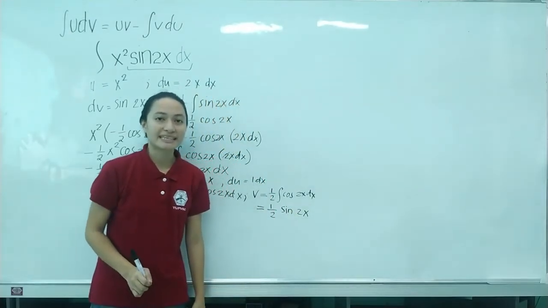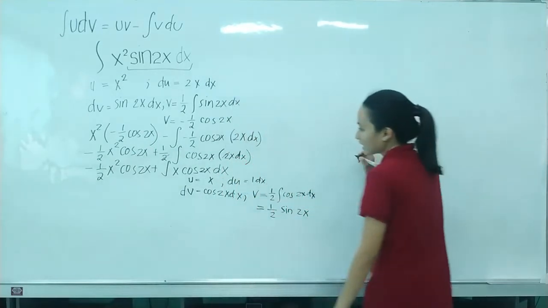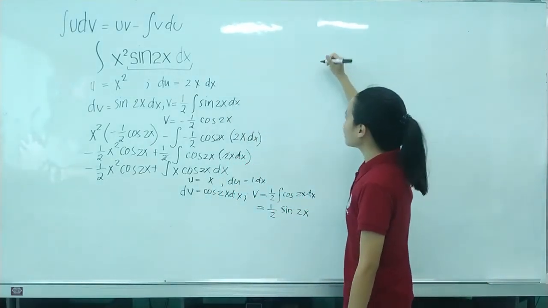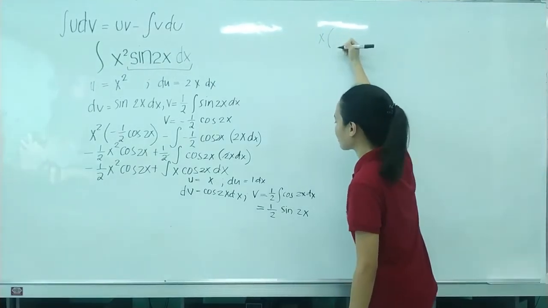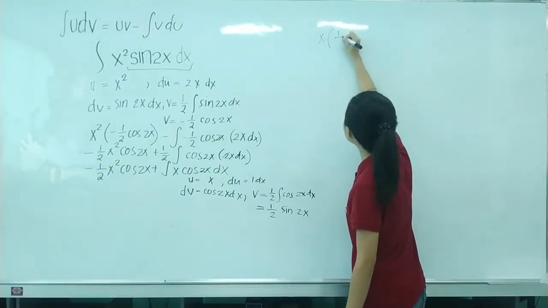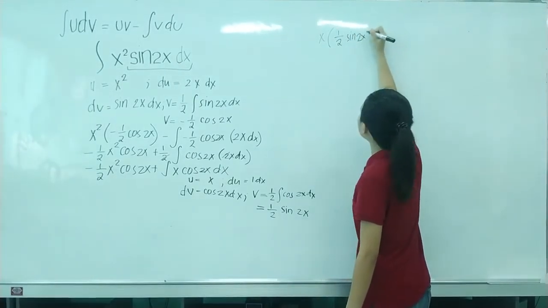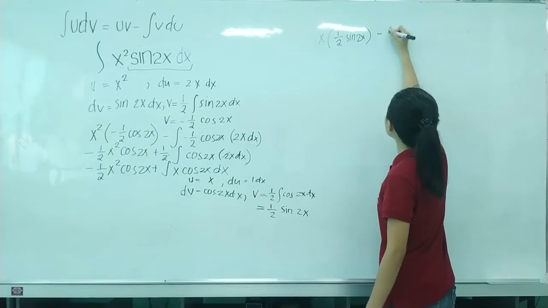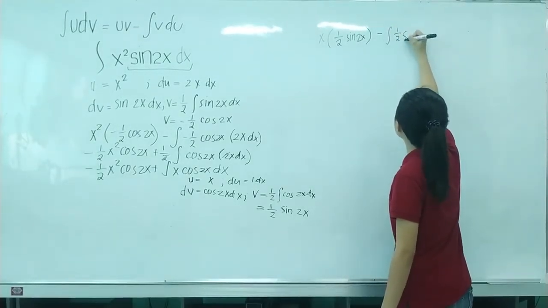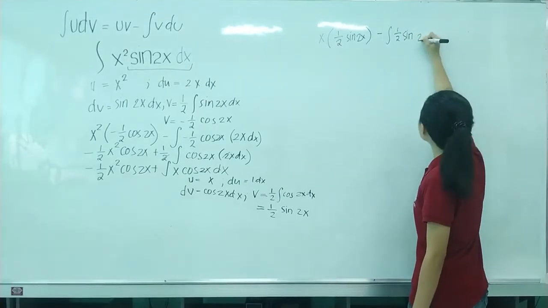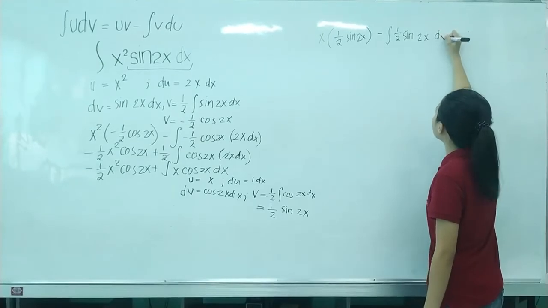So we can now plug it into the integration by parts formula. We're going to have our u, which is x, times our v, which is 1/2 sine 2x, minus the integral of 1/2 sine 2x over du, which is dx.